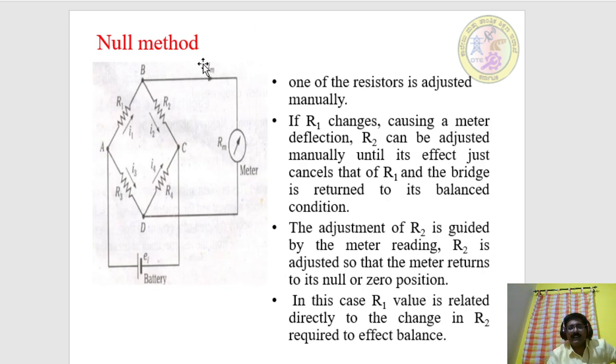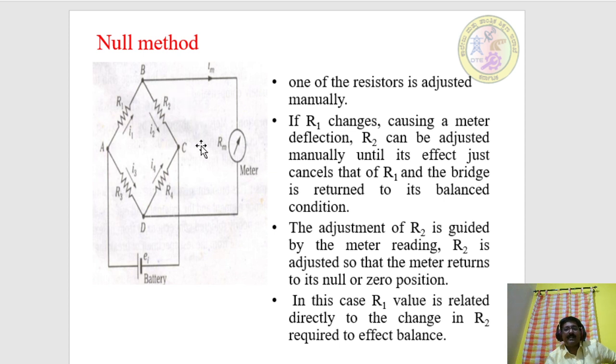Now we look into the null method. See here in the Wheatstone bridge circuit, again R1, R2, R3 and R4 are connected with meter RM. Now one of the resistors is adjusted manually, generally we take it as R2. R1 changes, causing a meter deflection, and R2 can be adjusted manually until its effect is cancelled and the bridge is returned to the balanced condition.